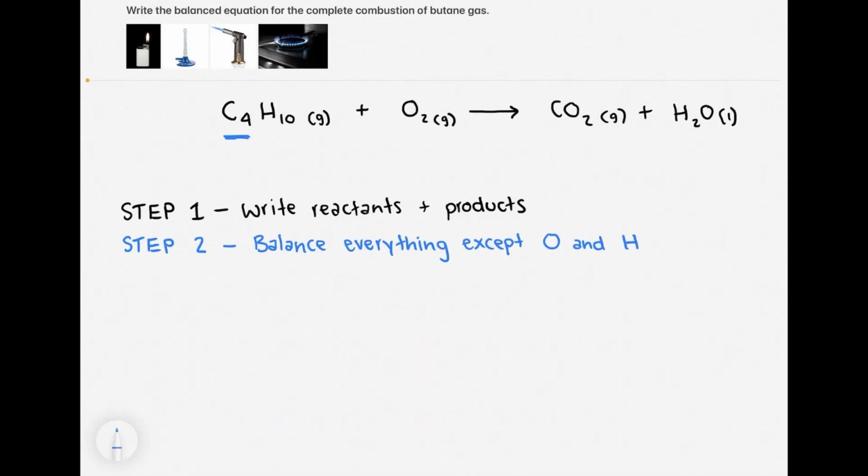So in order to ensure that we now balance the right-hand side of the equation, we need to place a coefficient of 4 in front of that carbon dioxide. So now our carbon is balanced. And that is the only other element in this reaction apart from oxygen and hydrogen. So that is step 2 complete.